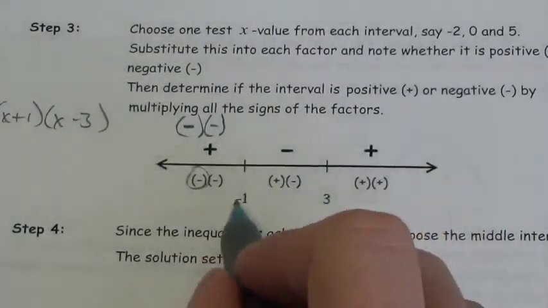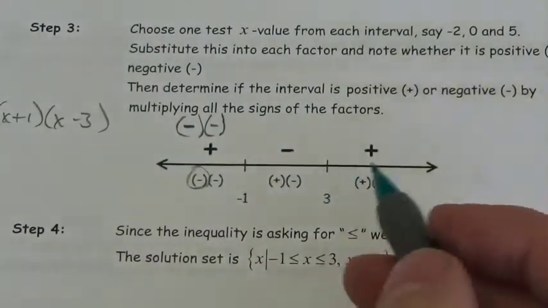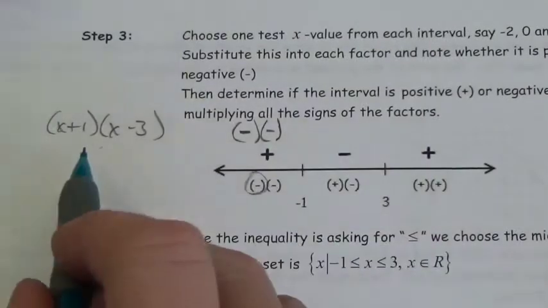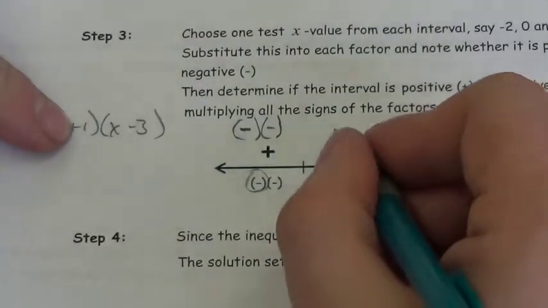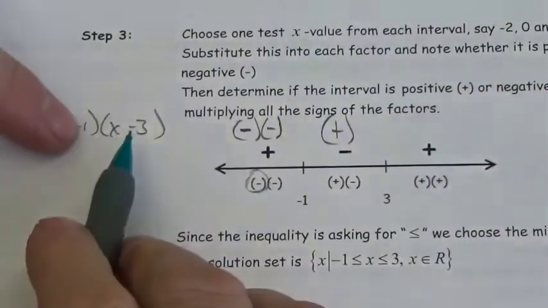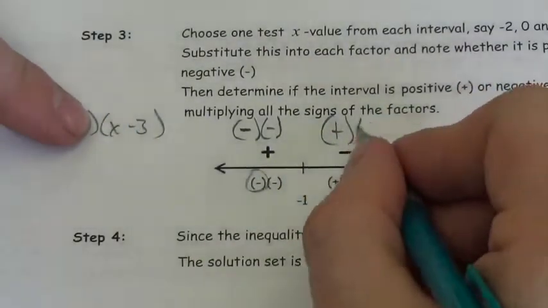Let's choose a number between negative 1 and 3, and let's be lazy, let's choose 0. If you plug that in, 0 plus 1 is going to be positive, and 0 minus 3 is going to be negative.